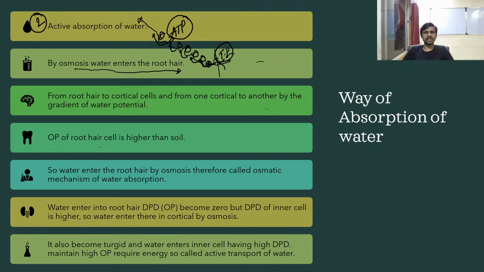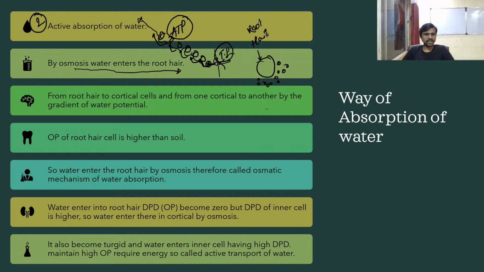Osmotic pressure of the root cell is higher than the soil. Okay, so the osmotic pressure of the root hair cell is higher than the soil. For example, this is a root hair, and here is the soil. So what is meant by osmotic pressure, and what is meant by high? Water enters the root hair by osmosis, therefore it is called the osmotic mechanism of water absorption.